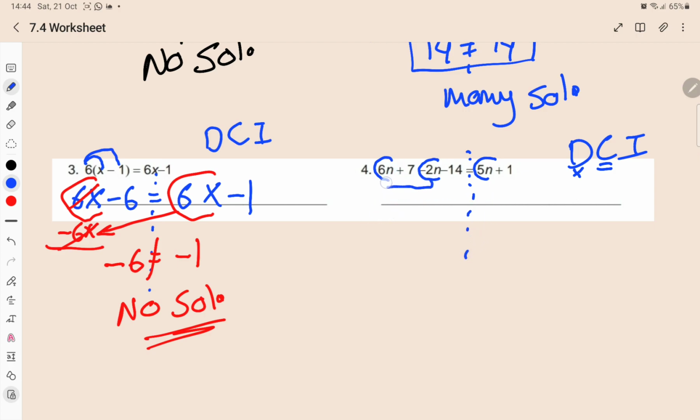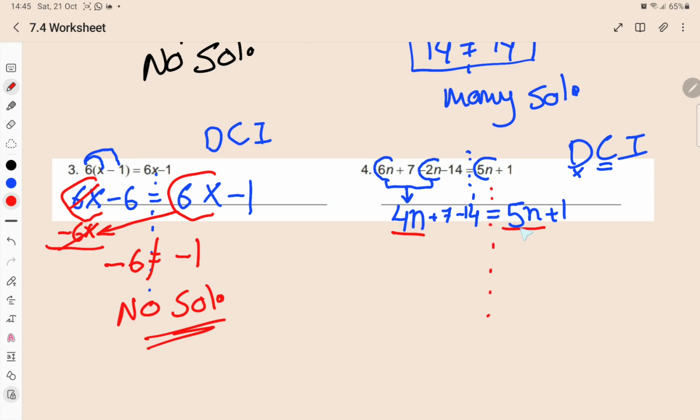6n minus 2n is just 4n. Plus 7 minus 14, so leave them. Plus 7 minus 14 equals 5n plus 1. So I added 6n minus 2n, it gave me 4n. Again, like terms, 4n and 5n.